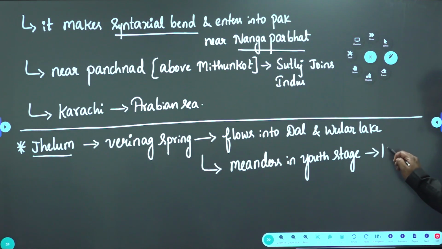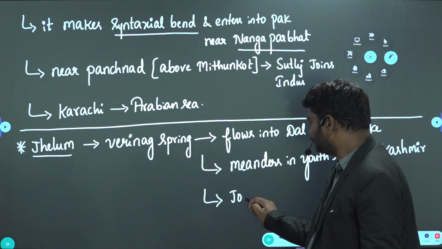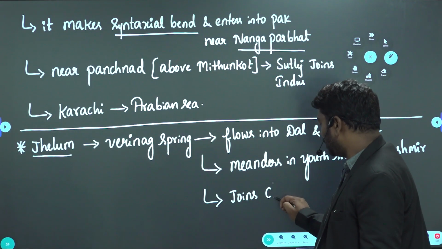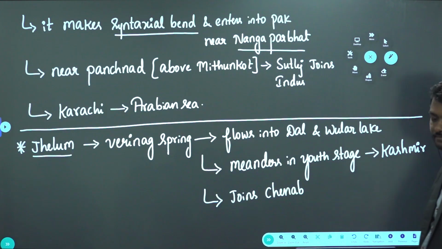And in which region? It meanders in Kashmir. And remember, Jhelum joins Chenab.